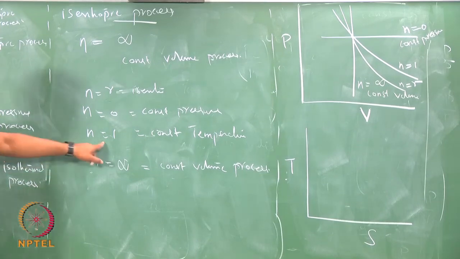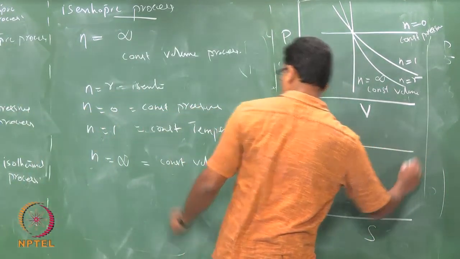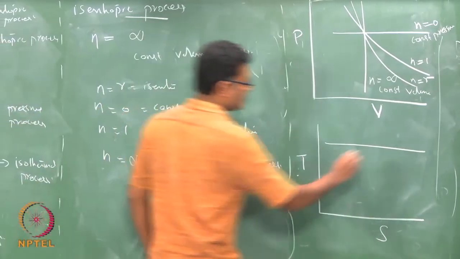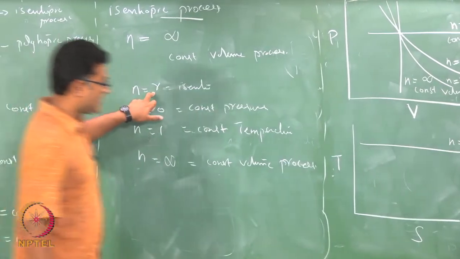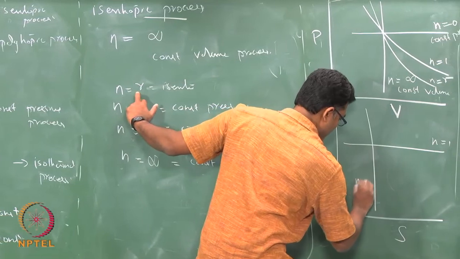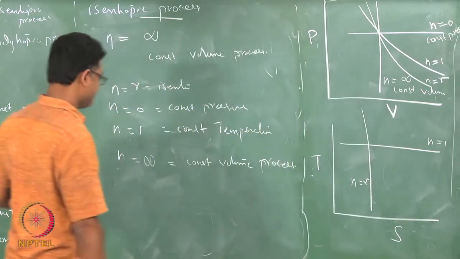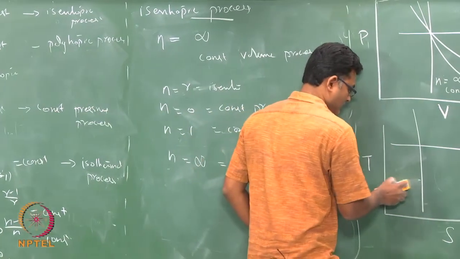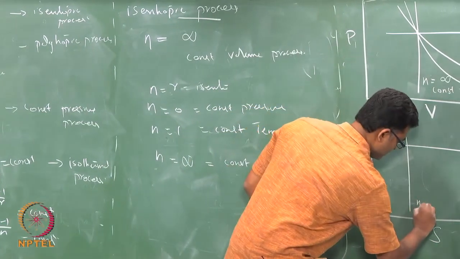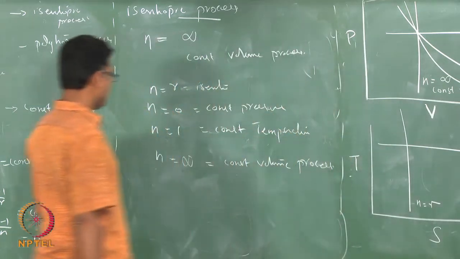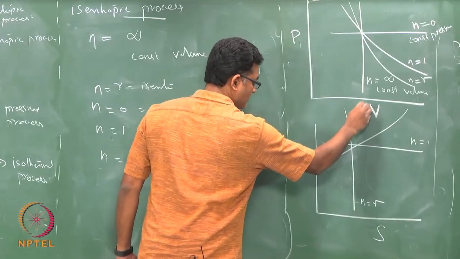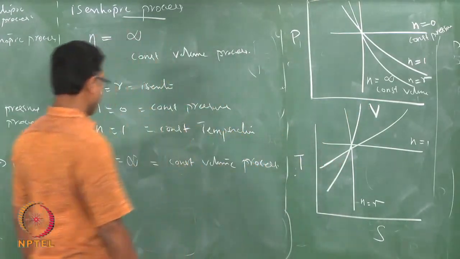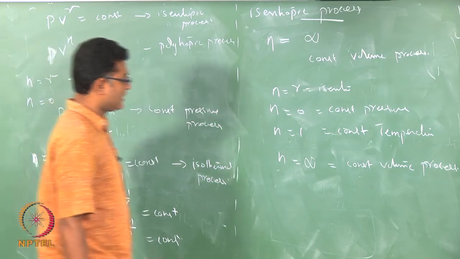The easiest one is constant temperature, it's a straight line. Constant temperature is n equals 1 and constant entropy is n equals gamma. Then you have the other two here and here, n equals 0 and n equals infinity.